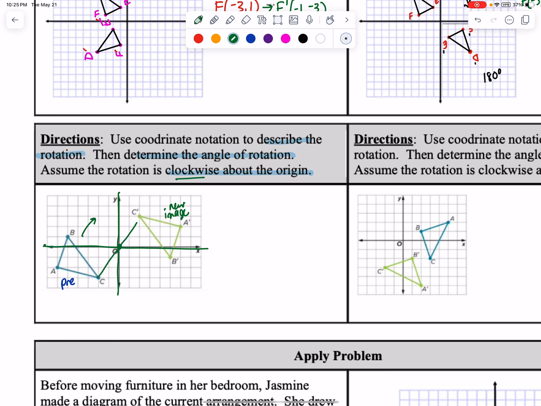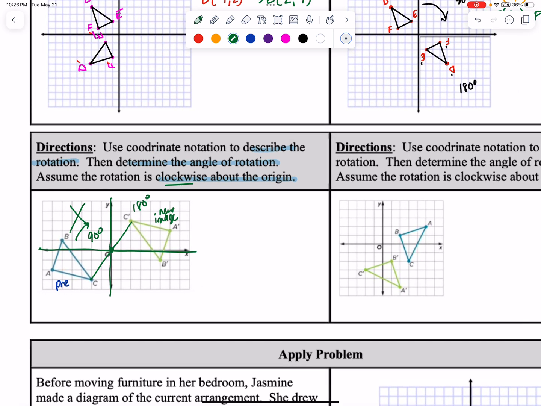Remember, this makes like bicycle tires going out, so it's like 1, 2, 3 out. You can see that we don't have something in this space. This is the 90-degree mark, but we do have it in the next. This is the 180 degree, and they are sort of across from each other. So it looks like we're rotating around the origin 180 degrees clockwise.